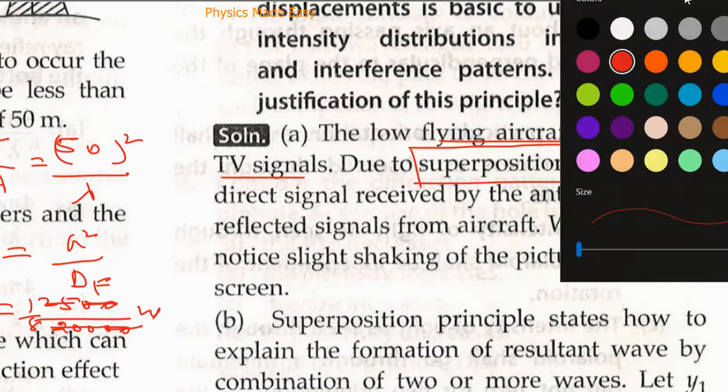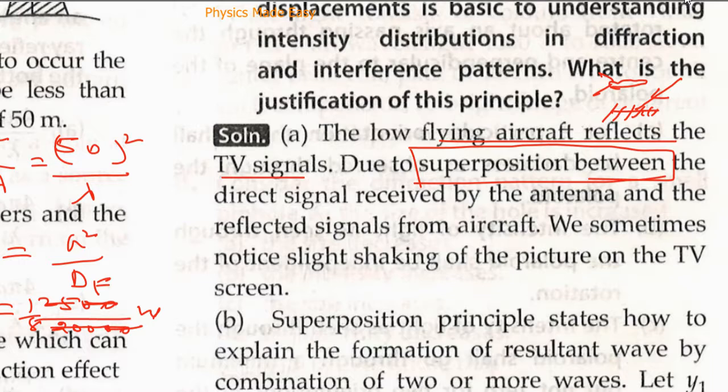Now the antenna receives another signal indirectly. This signal hits the plane first and then gets reflected. Here superposition takes place, and here superposition takes place.